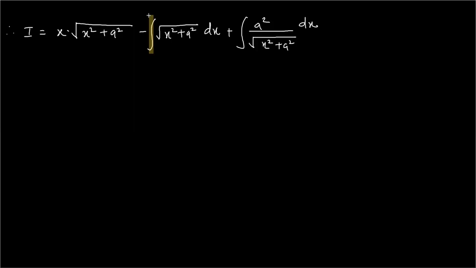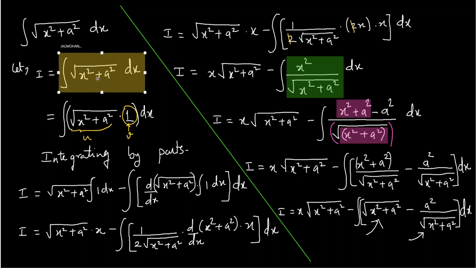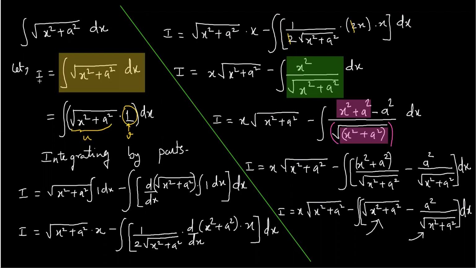Okay, now look at this thing. What is it? It is nothing but the integral which you began with, getting repeated. You began with integral square root of x square plus a square dx, and it is the same thing which is getting repeated here. Since I have started this as I, I will write it as I here.